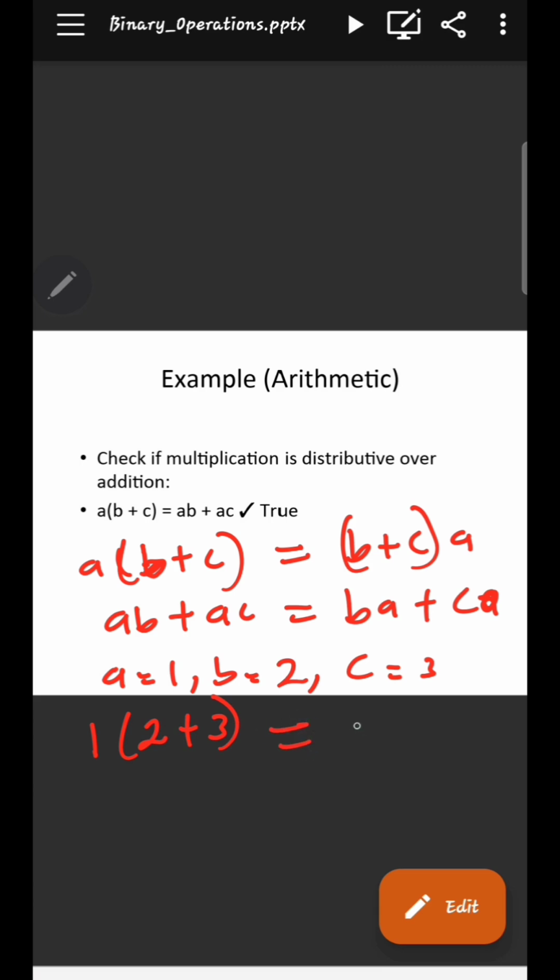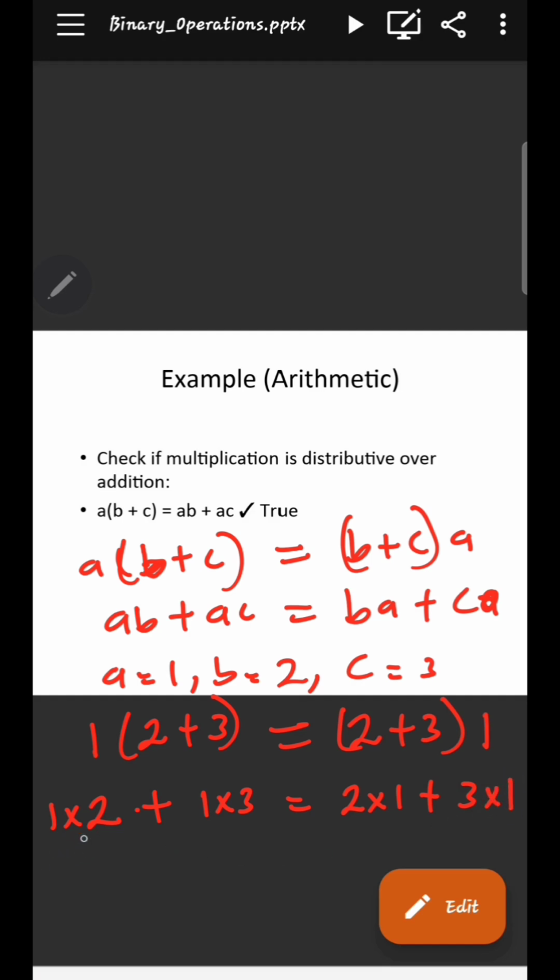Is it equal to 2 plus 3 into bracket 1? 1 times 2 plus 1 times 3. Is it equal to 2 times 1 plus 3 times 1?